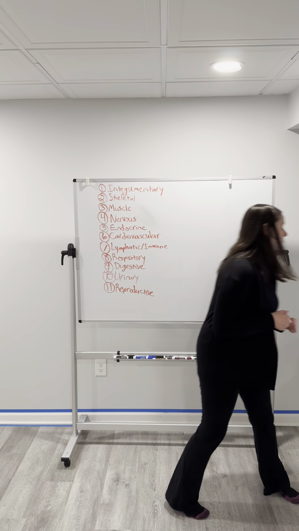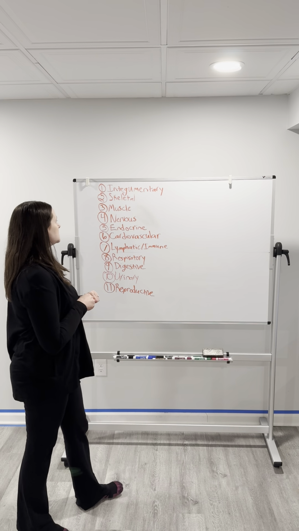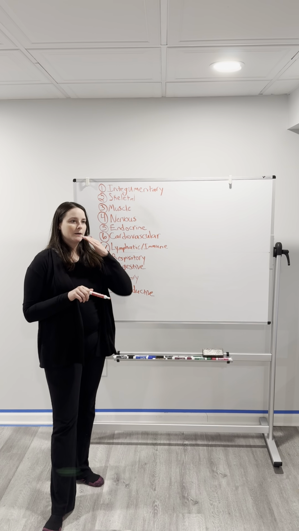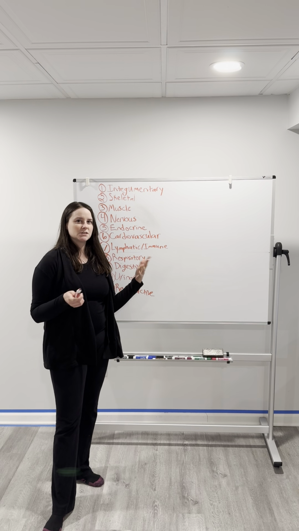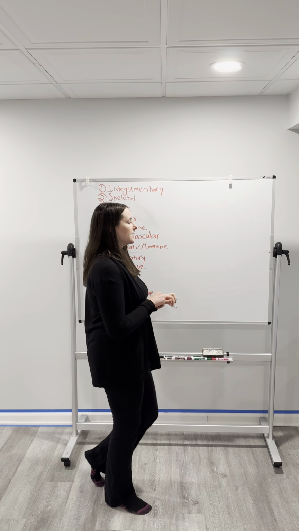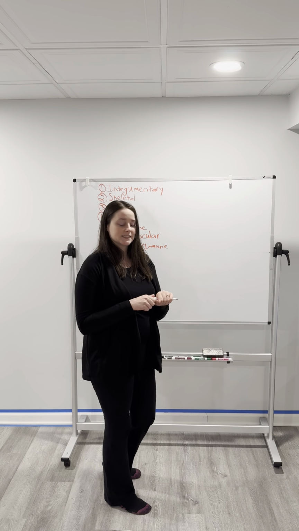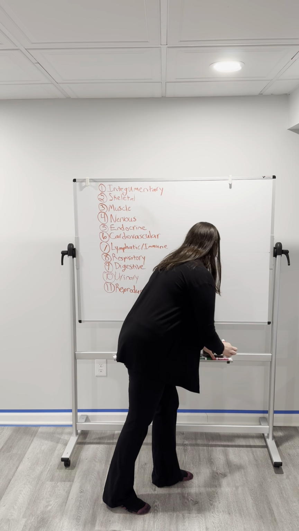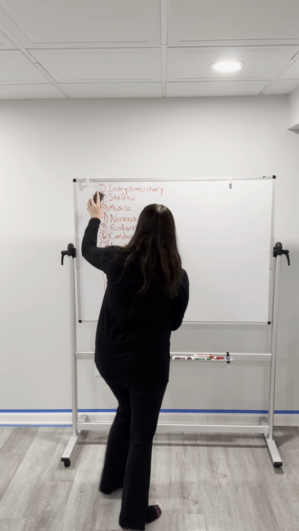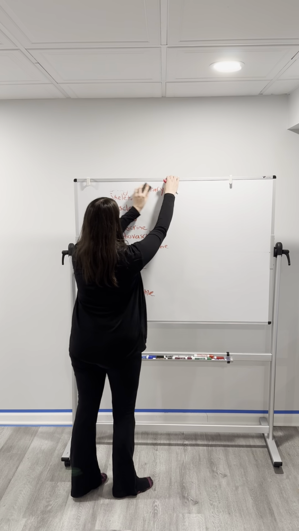Okay. So now we're going to go through some basic things that you should know, so some biology concepts. So characteristics of life. Okay, we'll start there. So I'm going to erase all these 11 body systems.